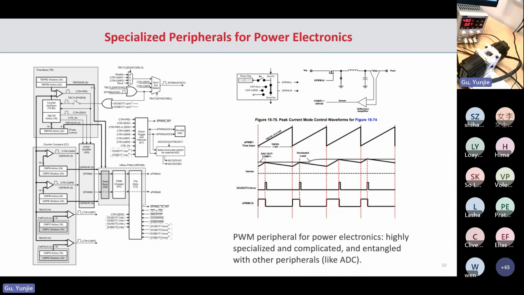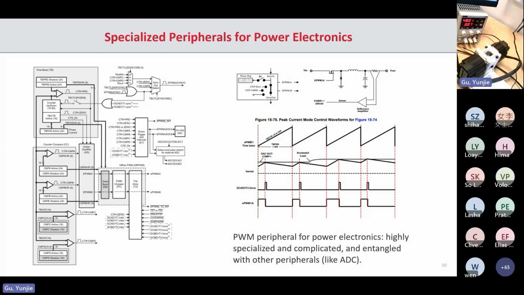After turning off, the current will reduce until you turn it on again. This means that the PWM has to be well coordinated with the ADC, so that you know when it is time to turn off, when the current has reached the maximum value. This is very different from conventional PWM and ADC devices.